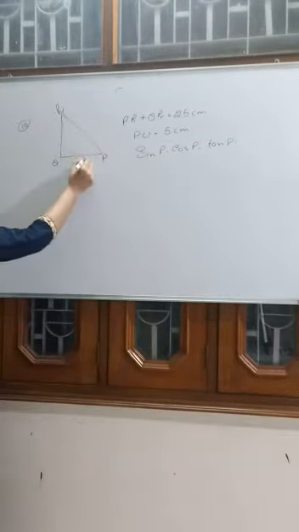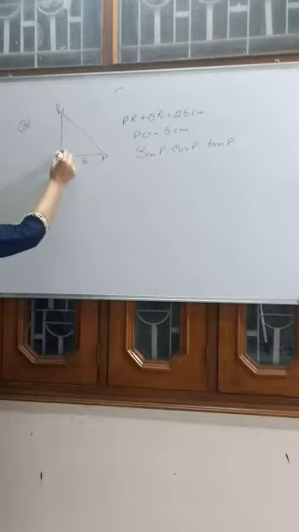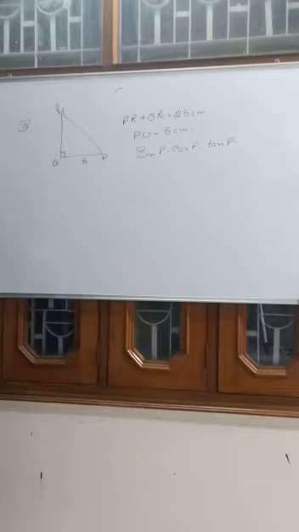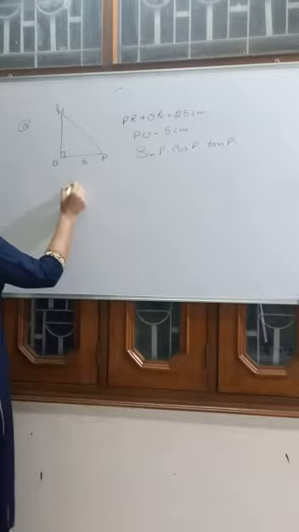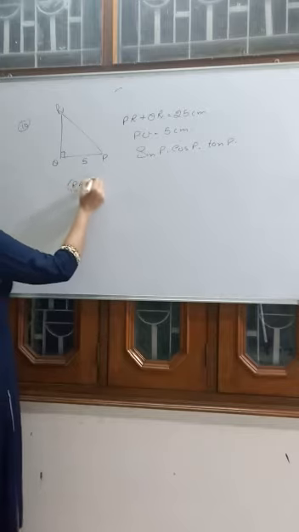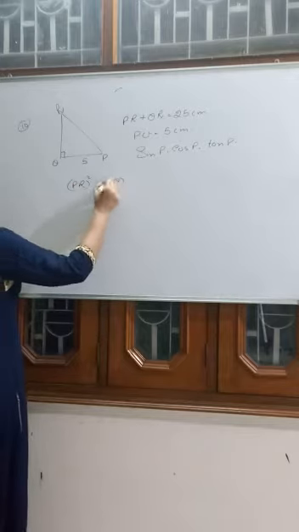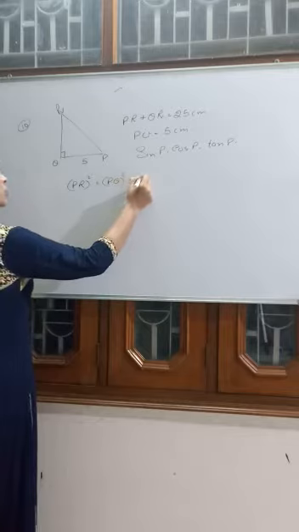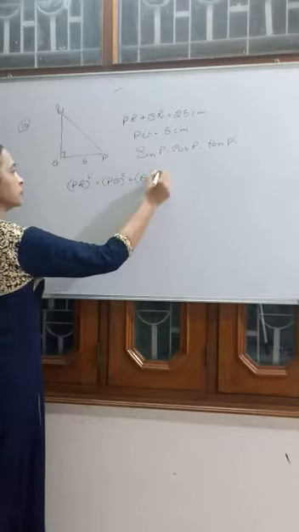PQ is 5 centimeters. It is a right angle triangle, but we have been given PR plus QR. Since it is a right angle triangle, as per Pythagoras theorem, PR whole square equals PQ whole square plus QR whole square.